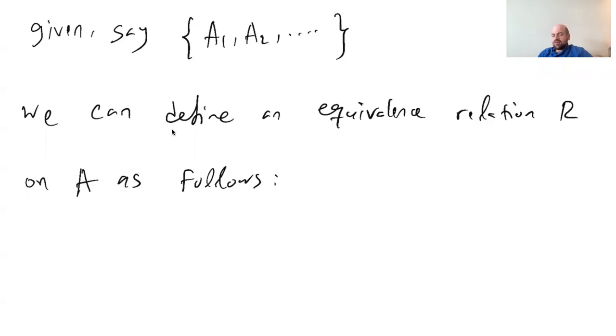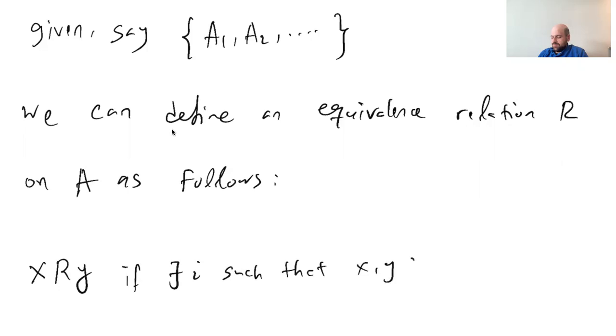Now it's the opposite: we have the partition and we want to define the relation using the partition. We want to say that x is in relation with y if there exists some index i such that x and y both belong to Ai.